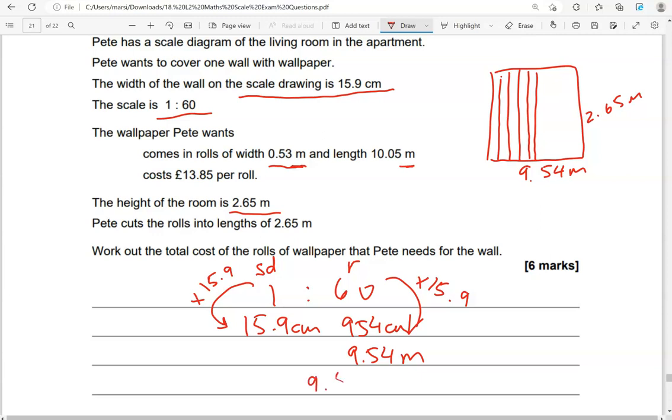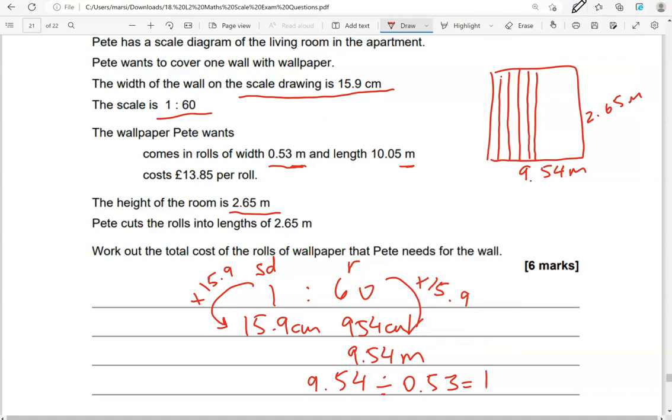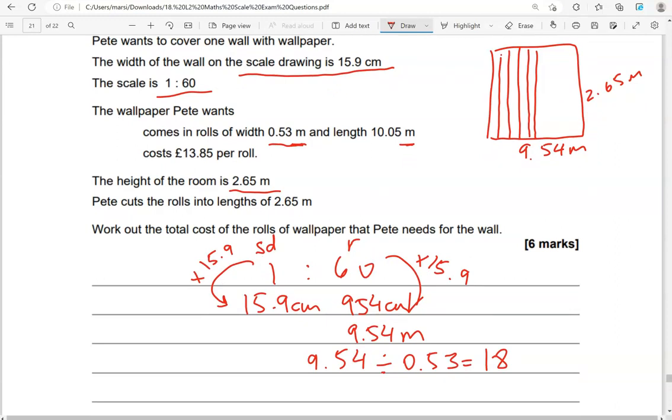So 9.54 divided by 0.53 gives us 18. So 18 strips are needed. The length of each strip is 2.65.